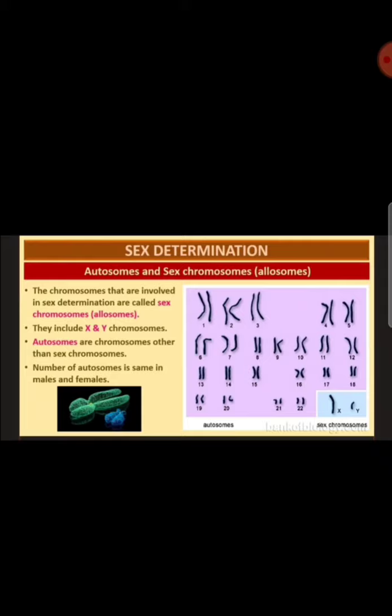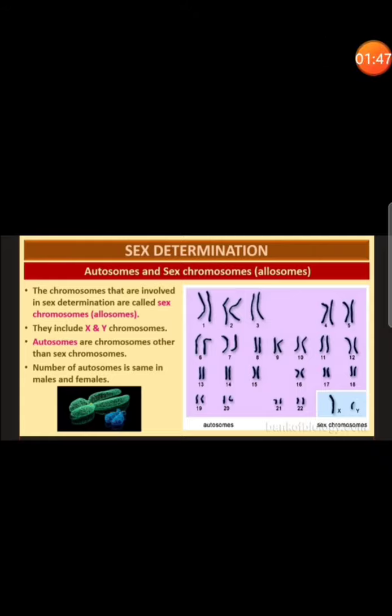But for our convenience, we systematically arrange them and study them. Geneticists study them, and this helps to study the chromosomes, many chromosomal abnormalities, as well as sex determination.